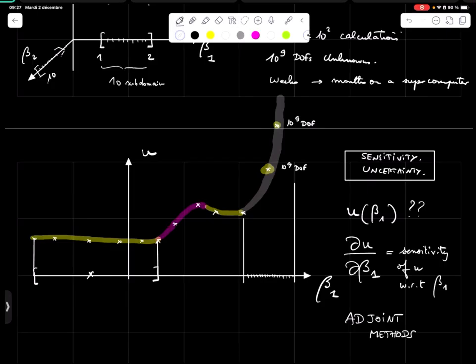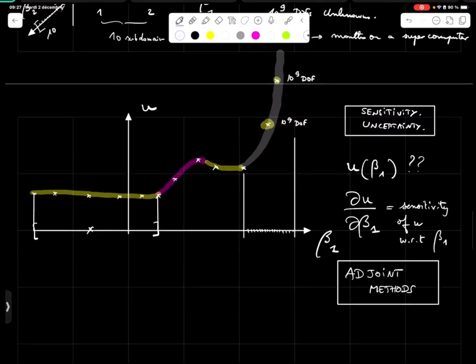If you want to look in that direction, please come back and talk to me, and I can direct you to the literature that's going to help you. Because that's super useful. You can compute the derivative of u with respect to beta 1, not directly, but numerically at least. You can evaluate in which region of the beta 1 space the quantity u depends more or less on beta 1, although you don't know the exact solution u, which is super cool.